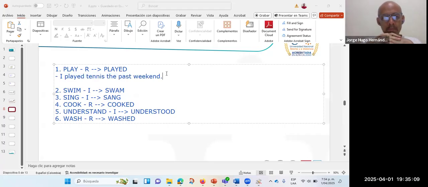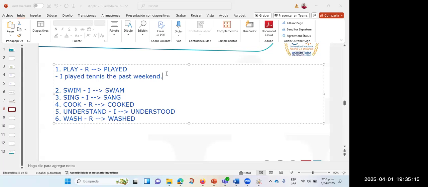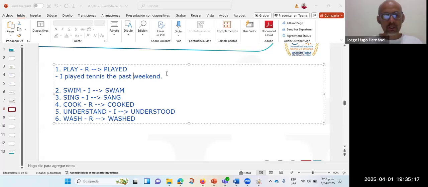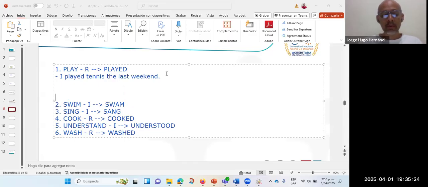Anyone knows what is the little mistake in this sentence? Is the last? Yes, that's correct. We don't say the past weekend. We say the last week. Remember when we talk about future? In future, we say next week, next month, next year, okay? Here, in past, we use last, okay?